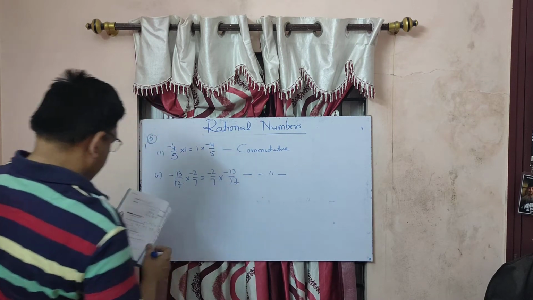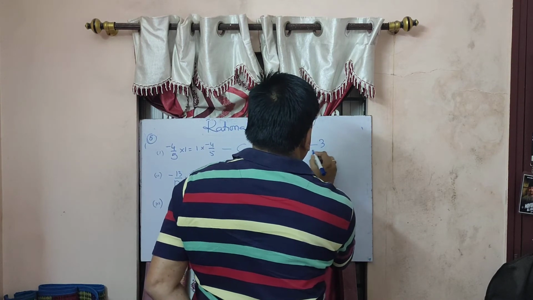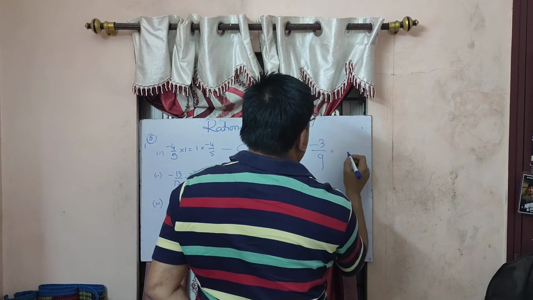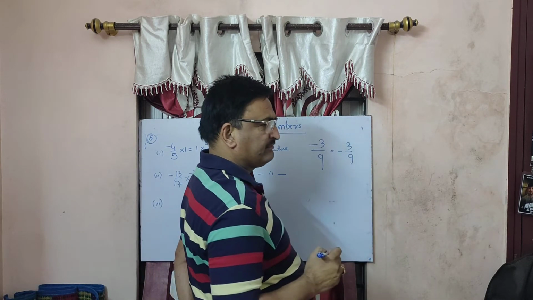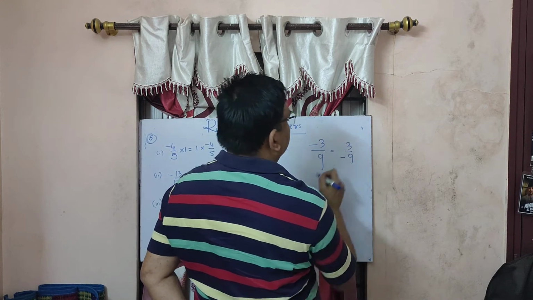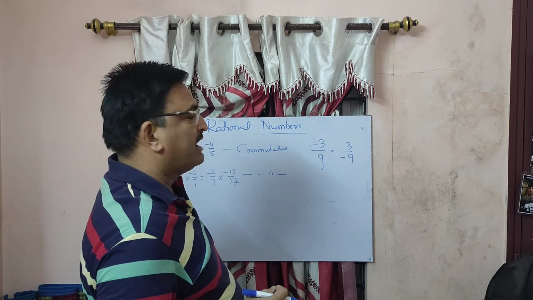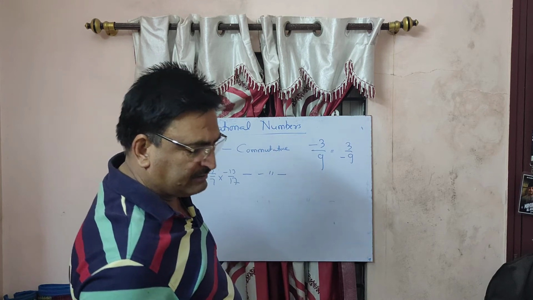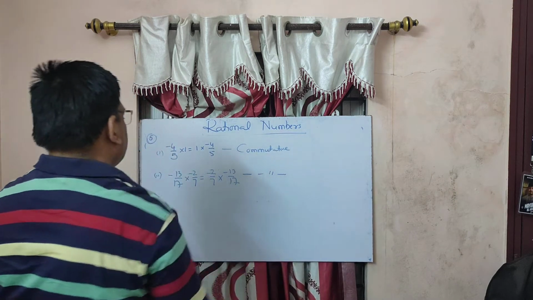One thing you have to remember here, for example, a number is there, 3 upon 9. You can write the minus sign here, or even you can write the minus sign here. And if you want to transfer the number, then there will be a problem. Otherwise, wherever it is, you can stay there only.